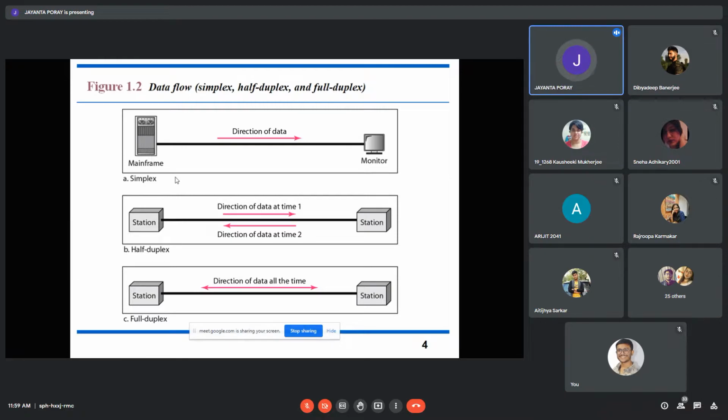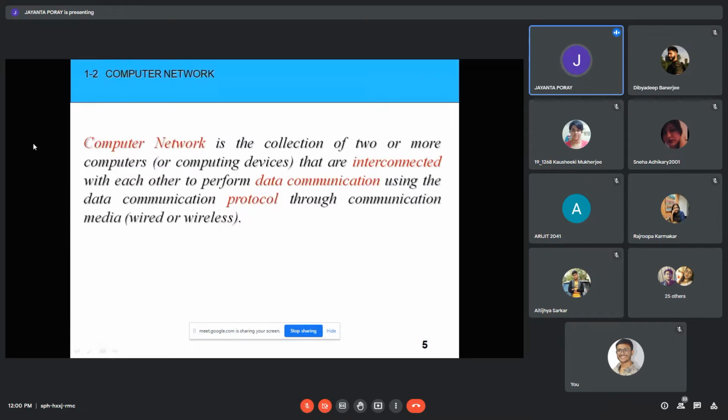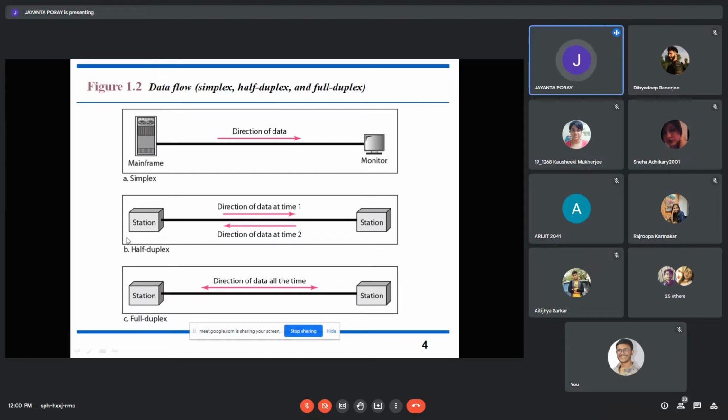When I come to half duplex data communications, half duplex means both directions but one at a time. That means when the left side station is sending data, then the right side station is not sending; only one sends data at a time. So that is half duplex.